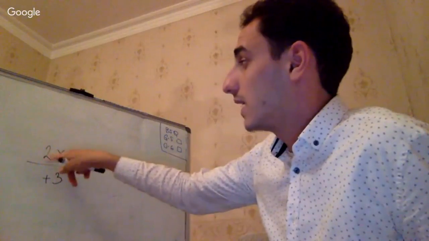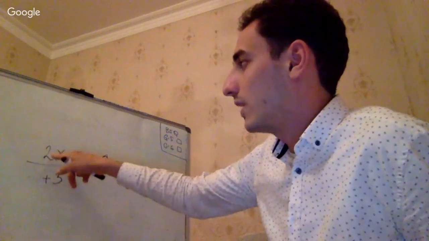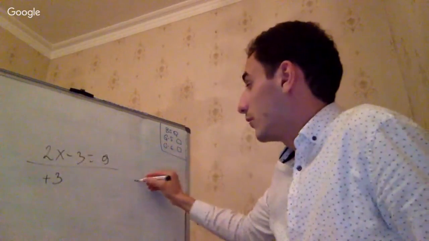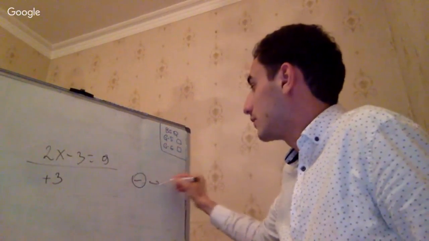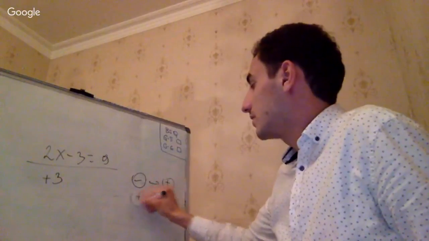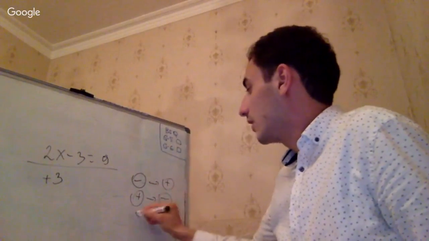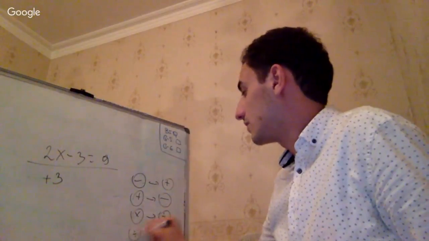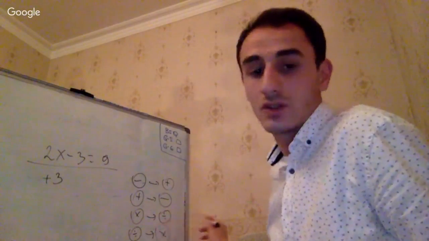And then after that, I'll divide by 2, because it's multiplied by 2. Just remember that for subtraction, the inverse is addition. For addition, the inverse is subtraction. For multiplication, the inverse operation is division. And for division, the inverse operation is multiplication. Okay?